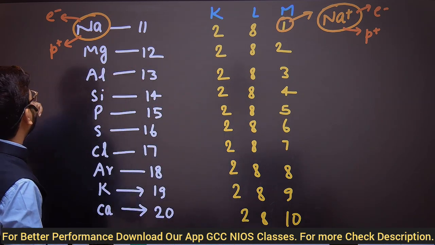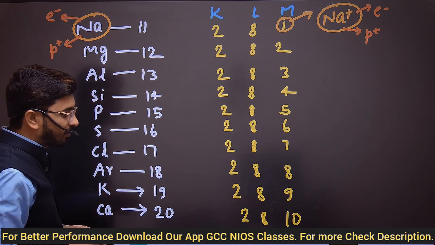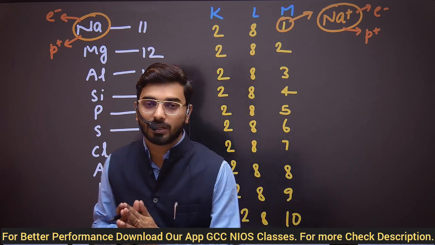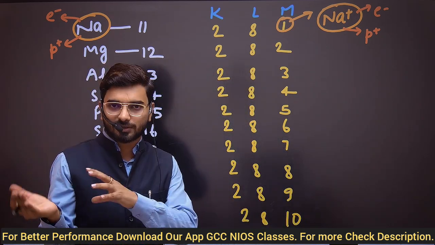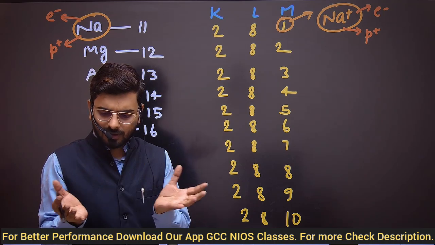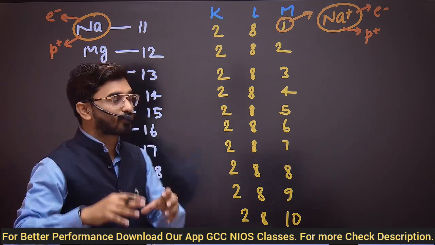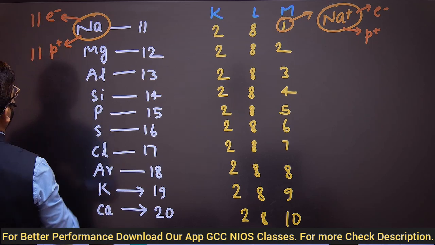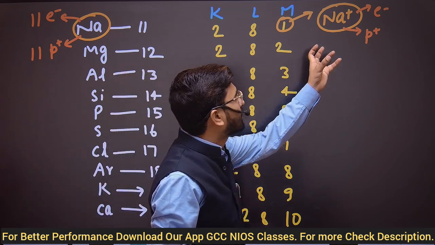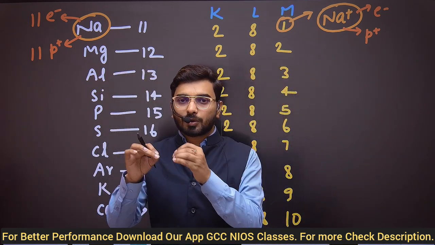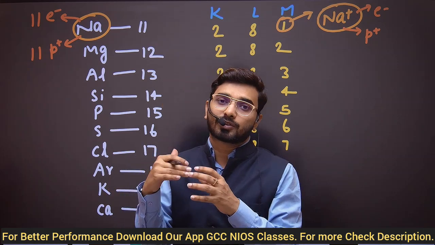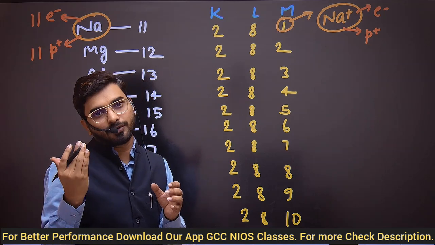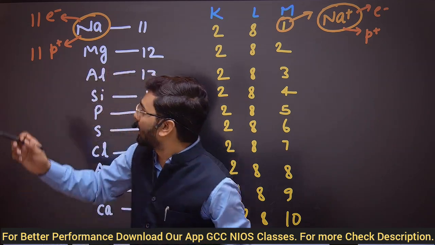Listen here. Na is neutral, and you know very well, for a neutral atom the number of electrons and the number of protons are equal, so that the plus and minus are equal and together make the atom neutral. So here, 11 electrons and 11 protons. But in the case of Na plus, because sodium donates its 1 electron, it has 1 electron less than Na.